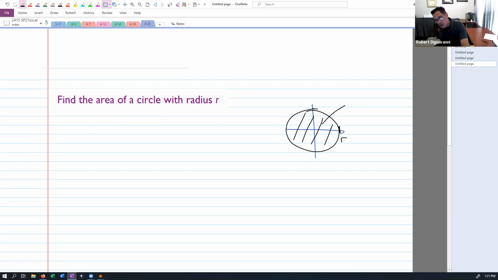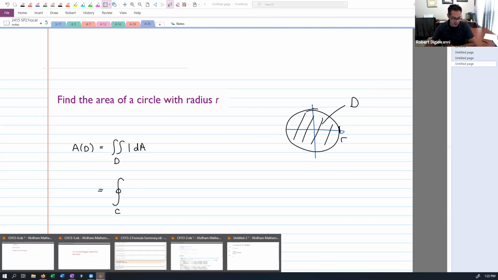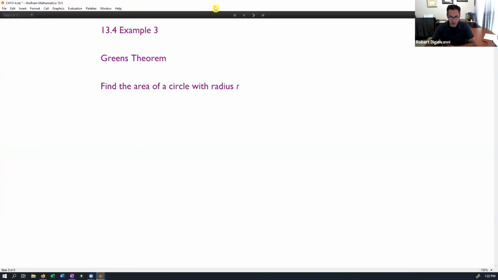Well, what I know is if I call this D, the area of D is going to be the double integral over D of 1 dA. Again, we're going to act like we don't know that that's pi r squared. But because this is a double integral and we have a 1 in here, and only because we have a 1 in there, I can convert this into the line integral over the closed path C. We have two choices that I think you should look at, but ultimately we have more than 2.